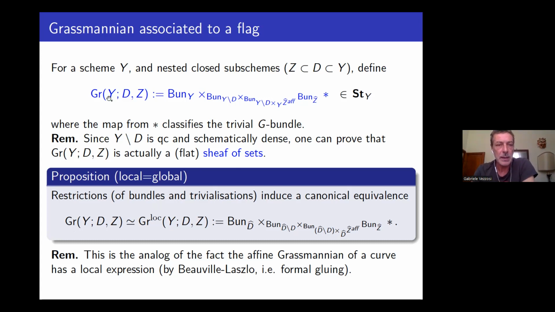The Grassmannian that I defined at the beginning of the slides is the same as its local version, where you basically replace Y with D hat, the formal completion of D inside Y. This isomorphism uses formal gluing. In the curve case, it used the Beauville-Laszlo theorem, which is formal gluing for curves.